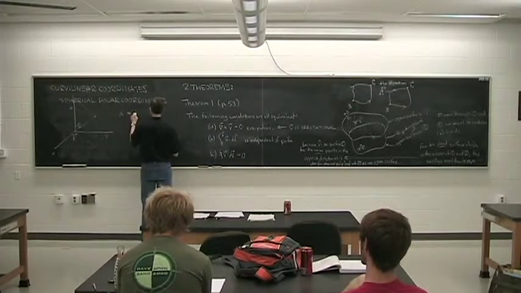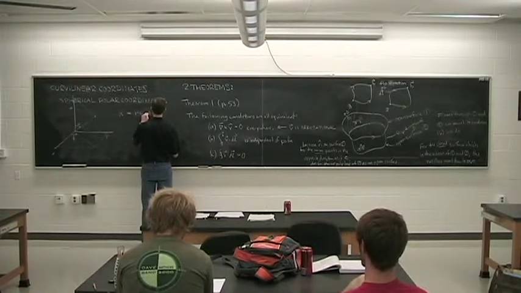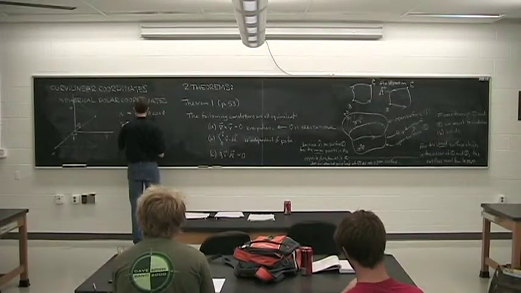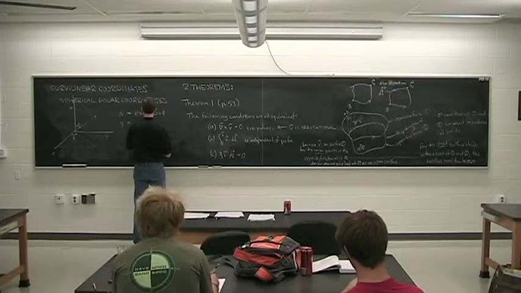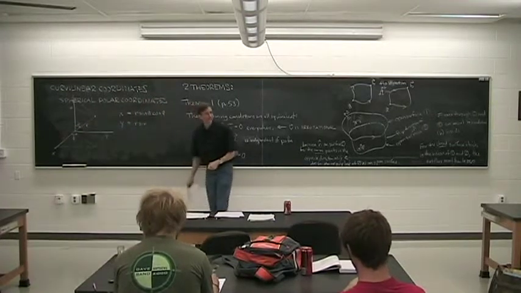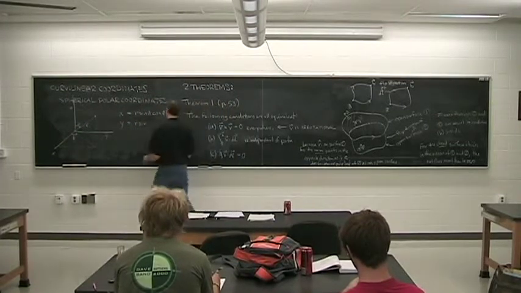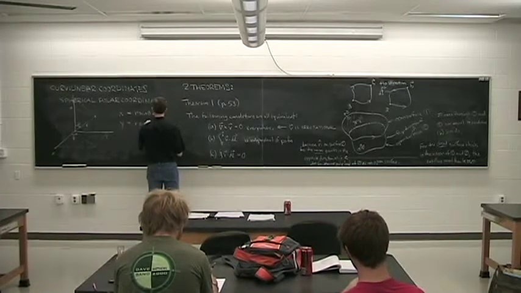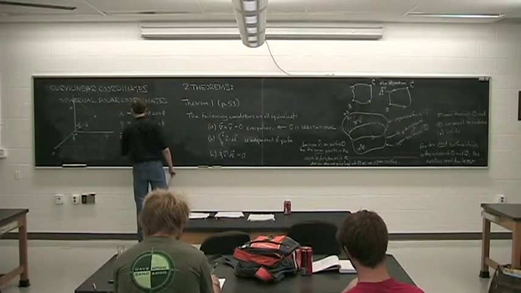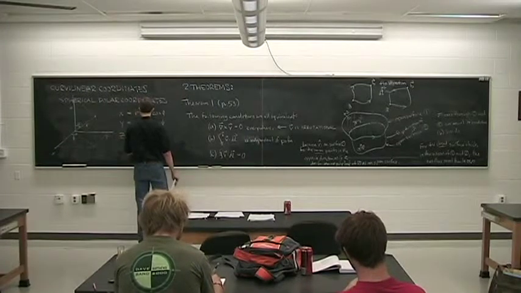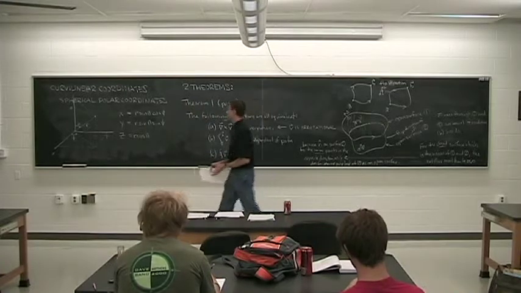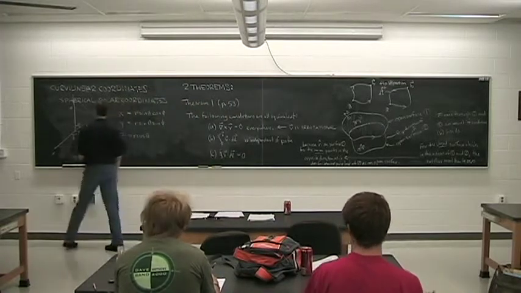x is equal to r sine theta cos phi. y is equal to r sine theta sine phi, and r, by the way, is the distance of the point from the origin, the radial coordinate. z is equal to r cos theta. You ought to be able to see those things readily.